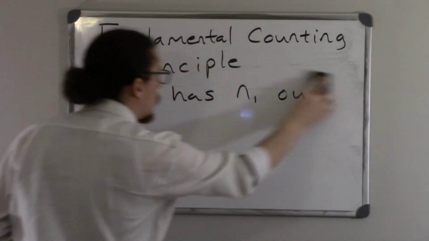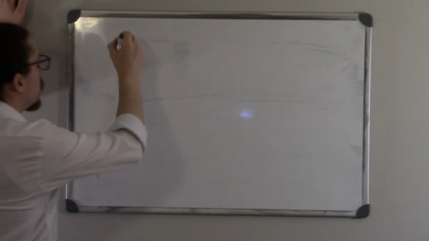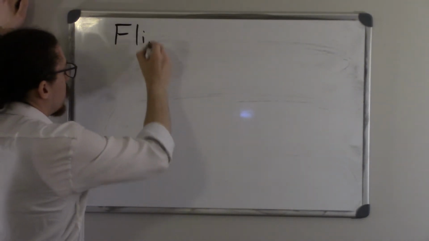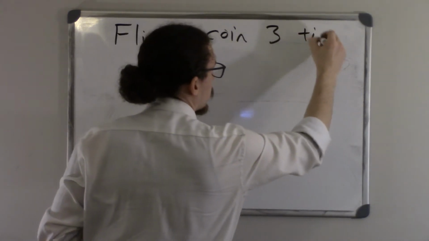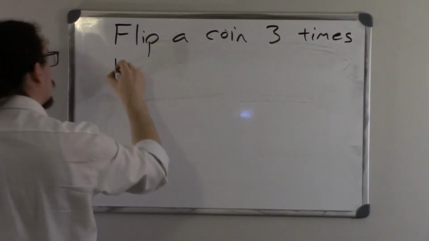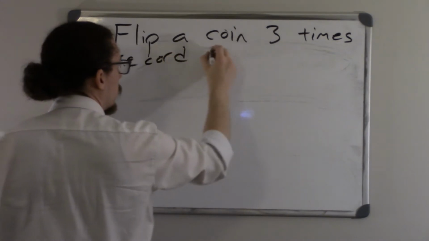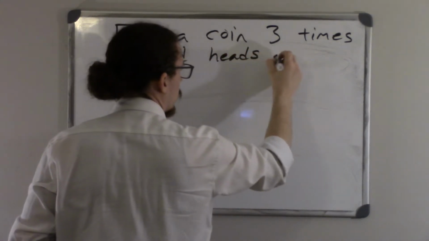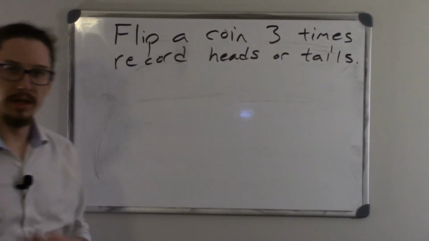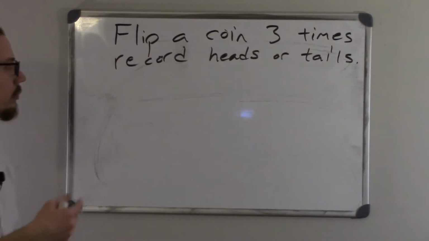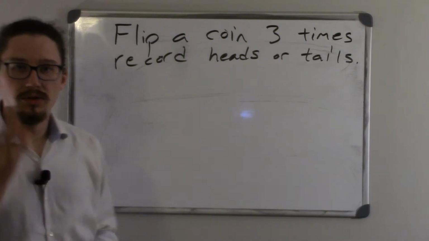Let's say we were going to flip a coin 3 times and record heads or tails for each coin flip. That's what we're looking at. So in this case, we have 3 events.